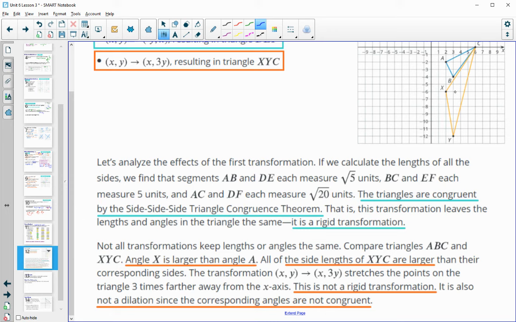It's not rigid for sure because it's creating a different size, but it's also not a dilation since the corresponding angles aren't the same. So here angle A went to this angle and that's much larger. B went to this angle Y and that's much smaller. So the angles changed. So it's not a dilation.